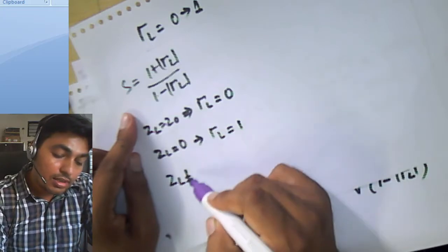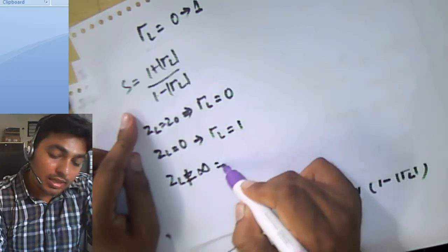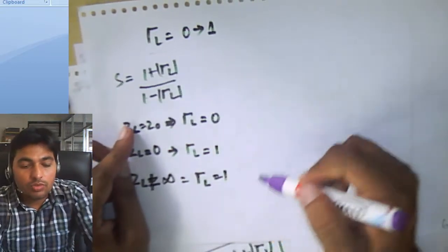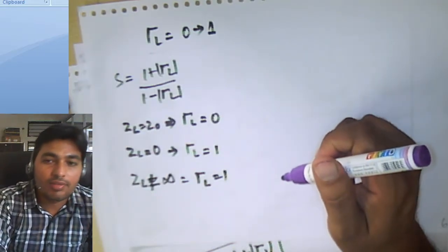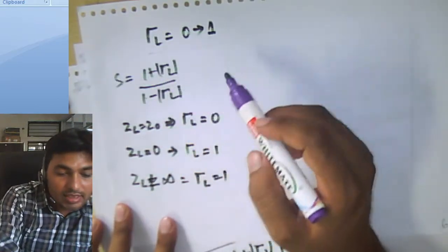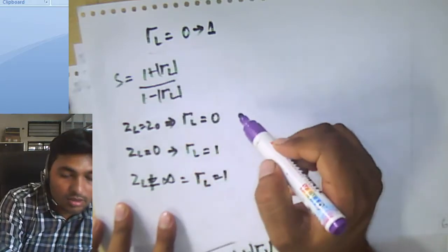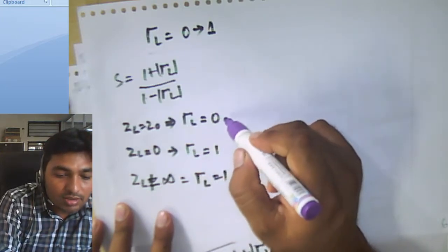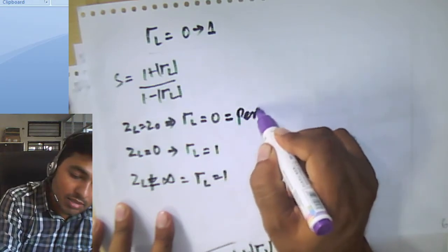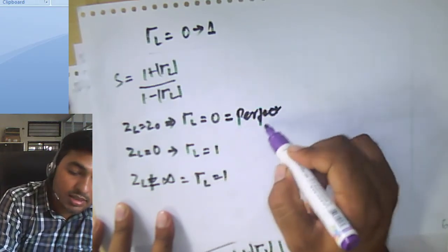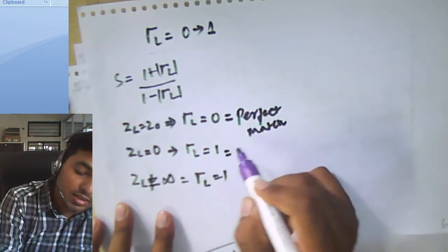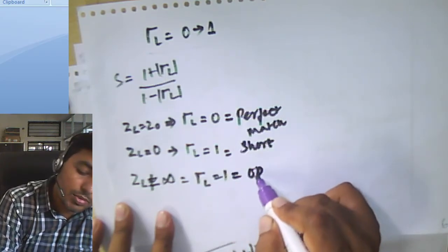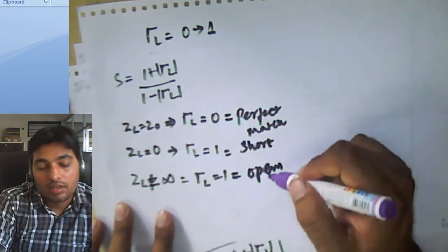We will do the same analysis for voltage standing wave ratio. The magnitude of reflection coefficient equal to 0 is the perfect match, while short circuited and open are the two worst cases.